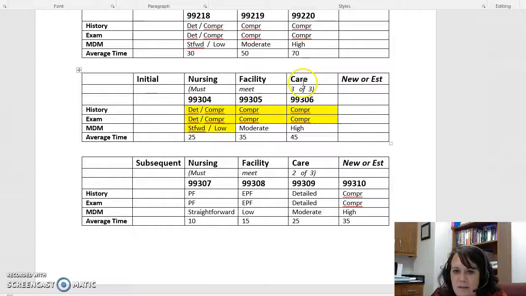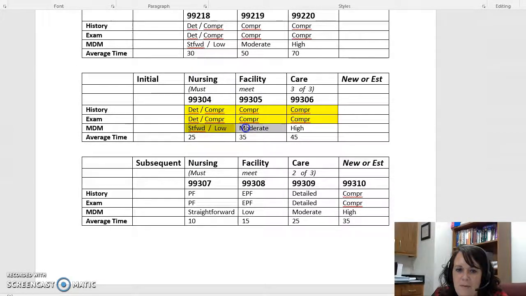In the nursing facility care, for the first time, the initial admission visit must meet 3 of 3. The only code I can pick is 99304. See that? I have to meet 3 of 3. I only meet 2, and I only meet 2 here. So that is my code.